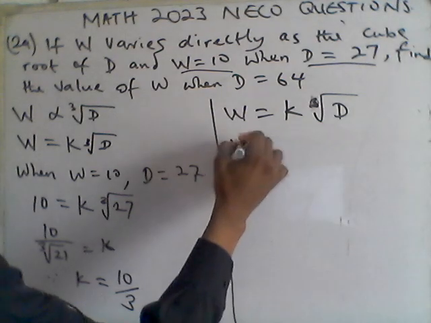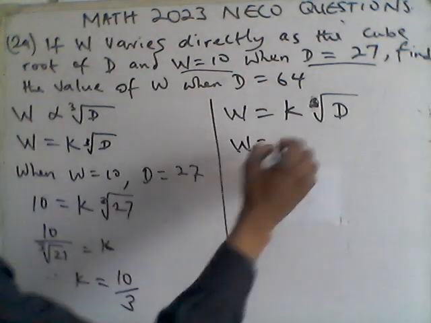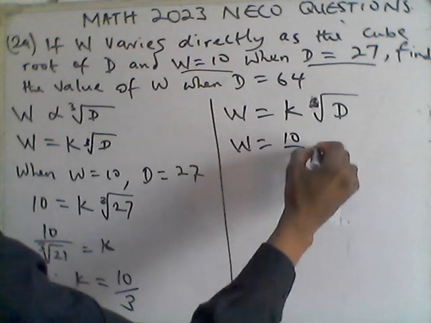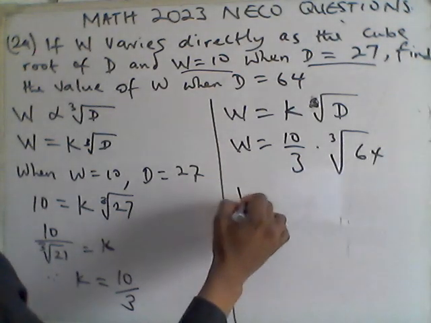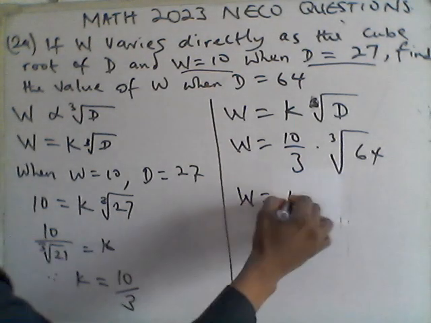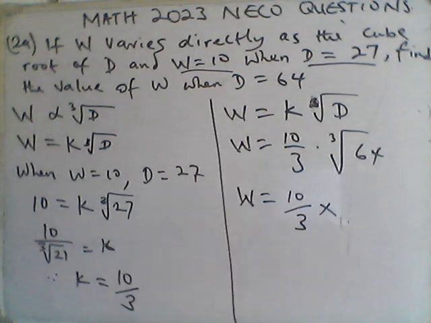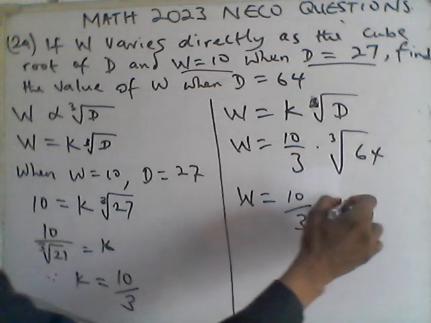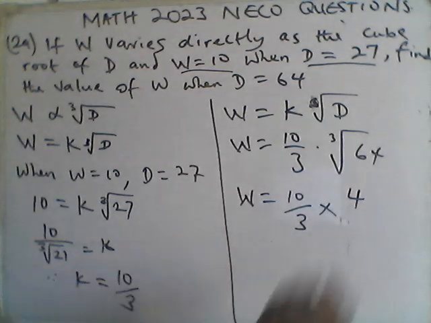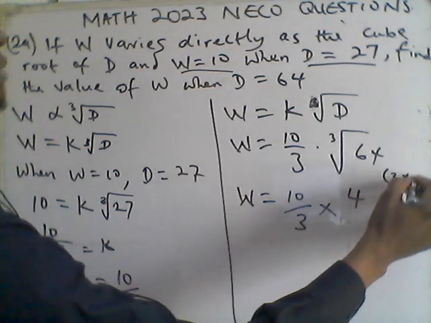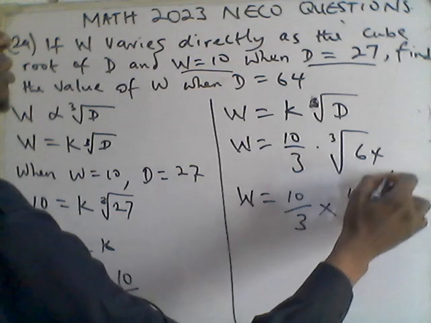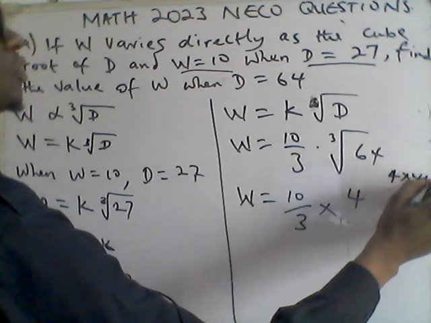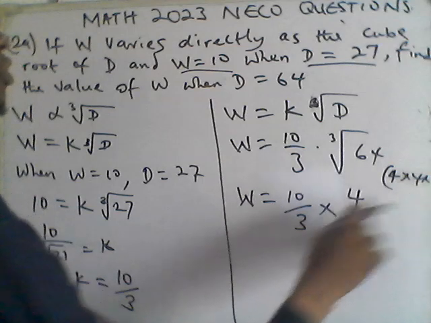So w here is equal to 10 over 3 times the cube root of 64, which will give us 4, because 4 times 4 times 4 gives us 64.